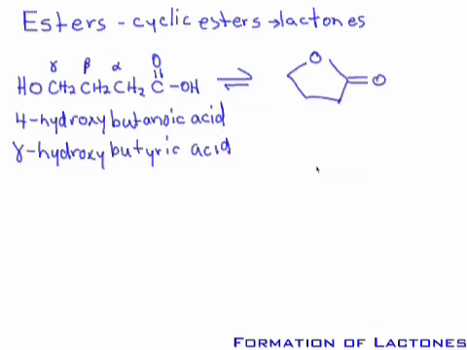Now, what's interesting is IUPAC nomenclature for this type of molecule is based on butanoic acid, but instead of dropping ic acid, instead of adding e, I add lactone, butanolactone. And I count 1, 2, 3, 4. It's at carbon 4 that the oxygen cyclizes, so this is butanol 4-lactone.